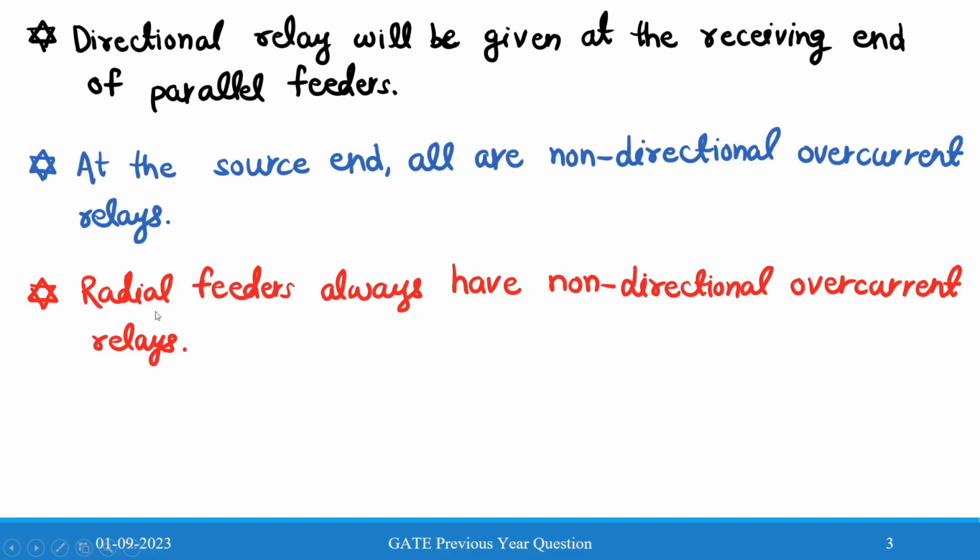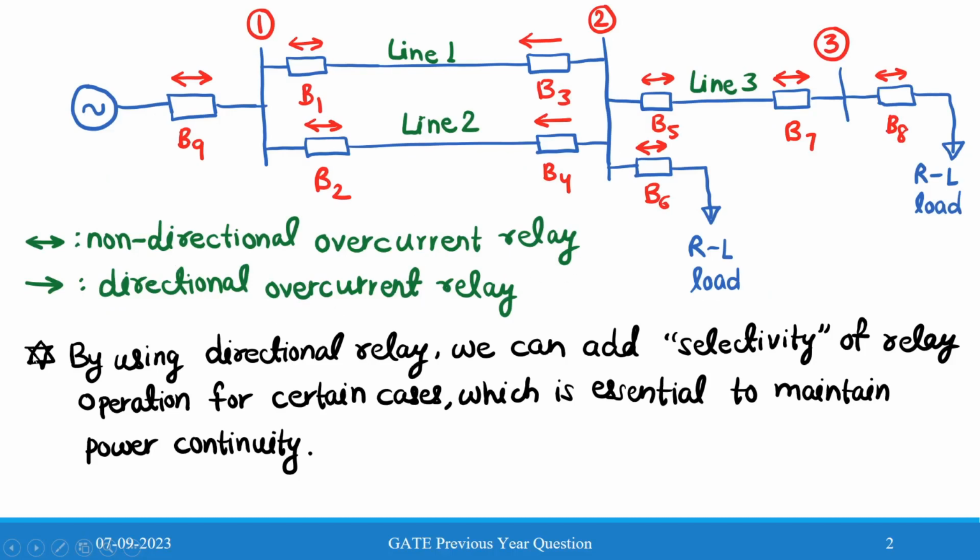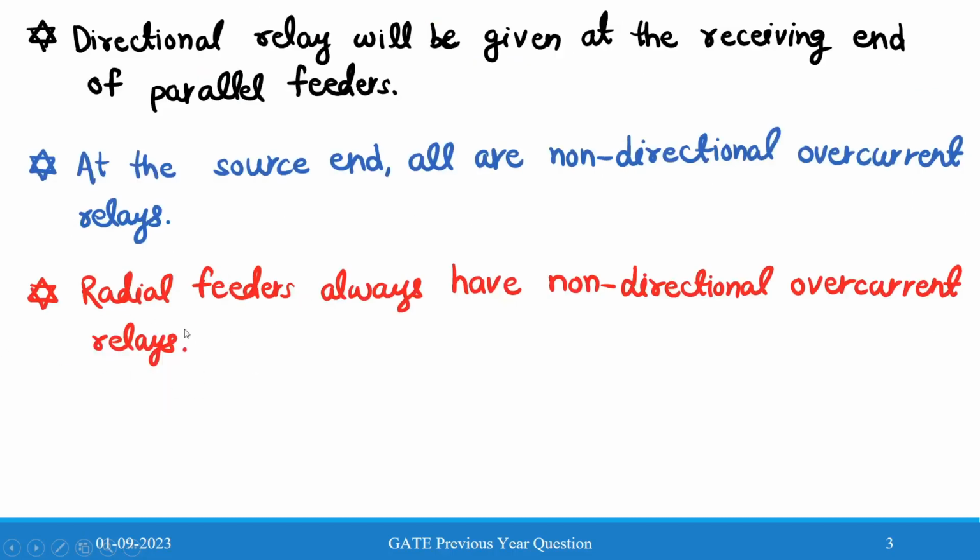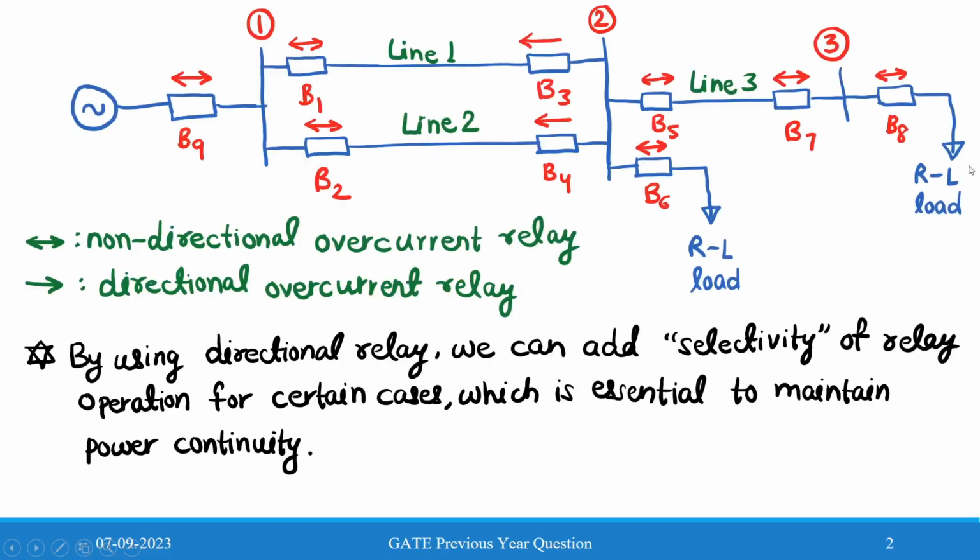And the third point is that radial feeders always have non-directional overcurrent relays. One point you can also add here is that there should not be any active sources. So this one is radial feeder line 3.